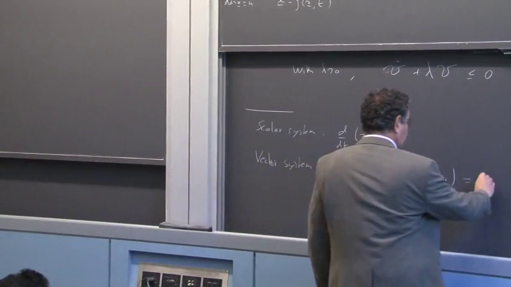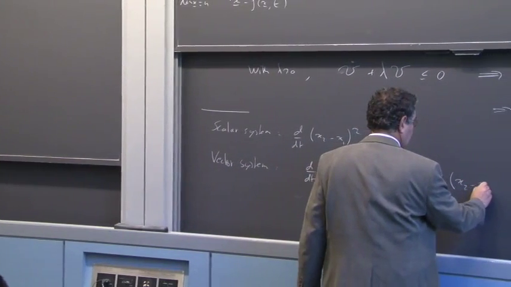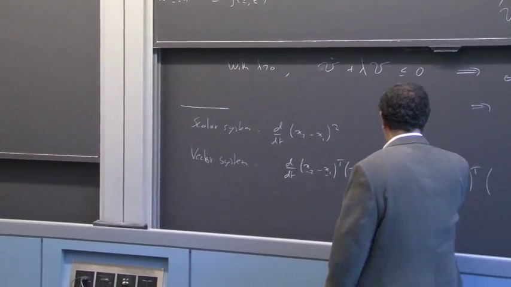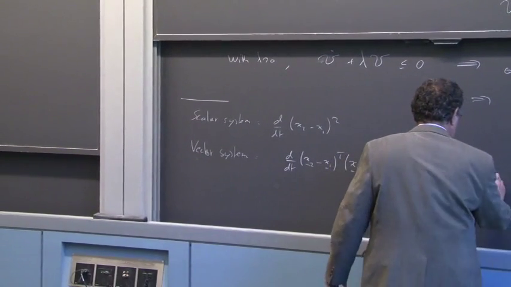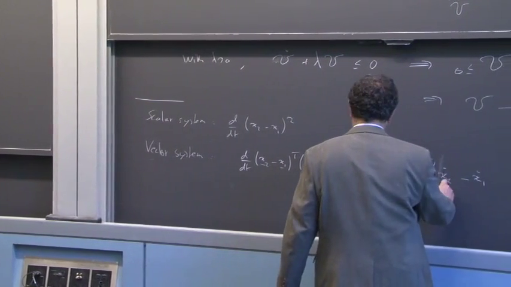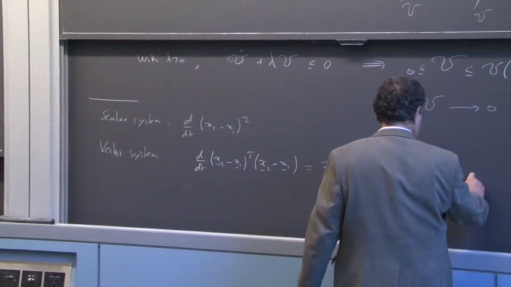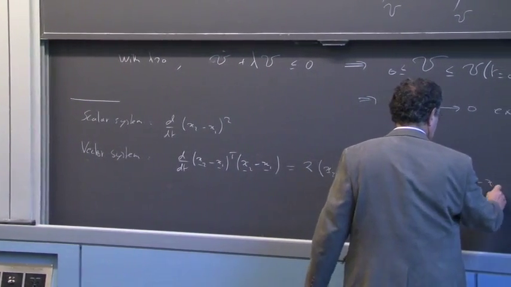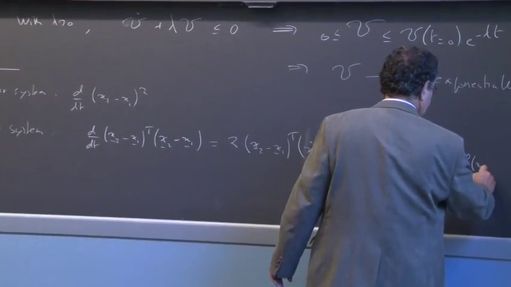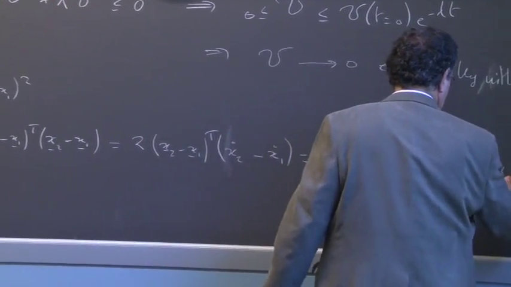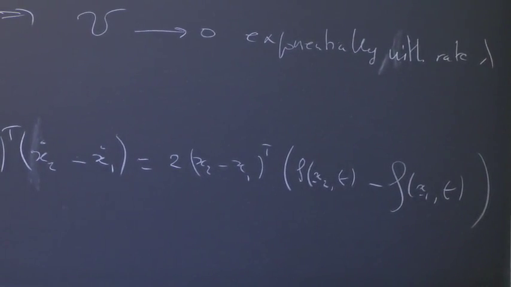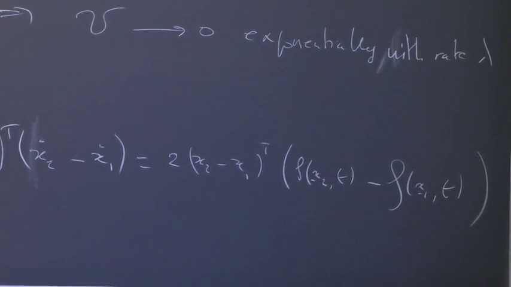So we can just write this as 2 x2 minus x1 transpose times x2 dot minus x1 dot, which is the same as 2 x2 minus x1 transpose times f of x2 and t minus f of x1 and t. Okay, everybody follows that?